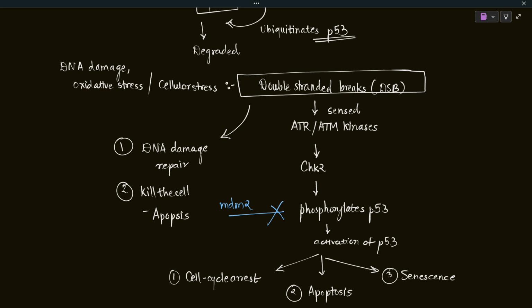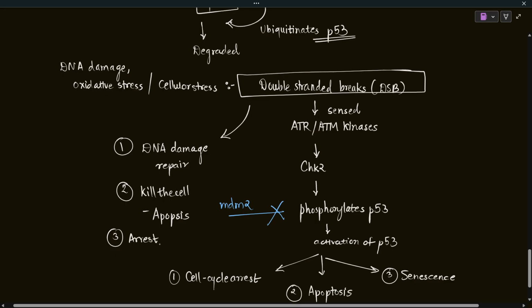So either repair the DNA damage upon sensing that there are some double-stranded breaks, or if it is irreparable, kill the cell. Or you can erase the cell forever in whatever stage it is right now. So this leads to senescence.